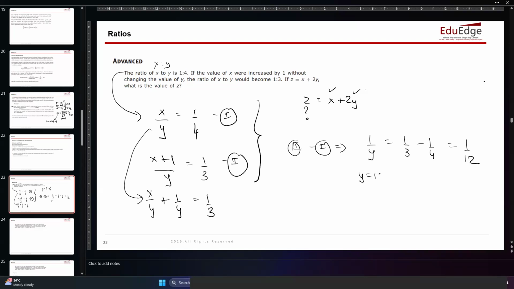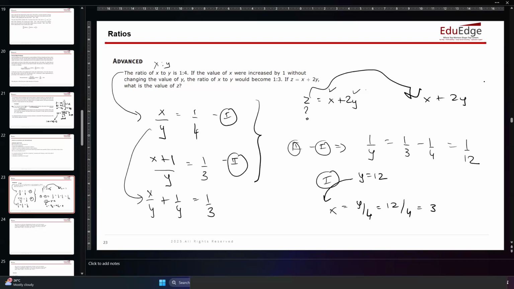Which means y is 12, and this can be substituted in 1. So x equal to y by 4, so x equal to 3. So we know y, we know x, and we can find z. So now z becomes x plus 2y, 3 plus 2 times 12.